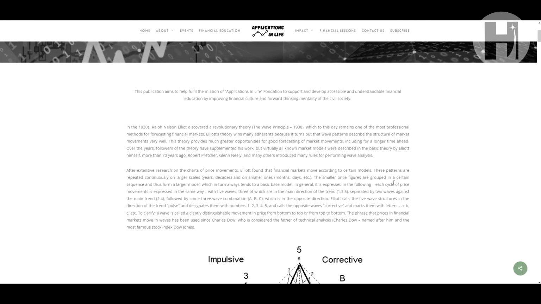This theory provides much greater opportunities for good forecasting of market movements, including for a longer time ahead. Over the years, followers of the theory have supplemented his work, but virtually all known market models were described in the basic theory by Elliott himself more than 70 years ago. Robert Prechter, Glenn Neely, and many others introduced many rules for performing wave analysis.